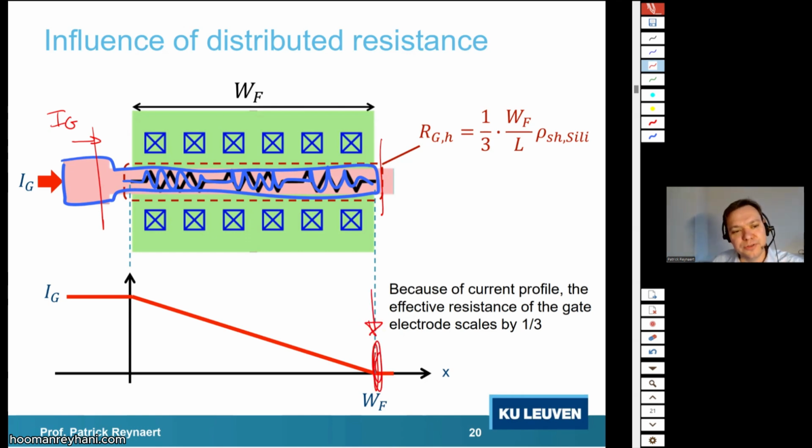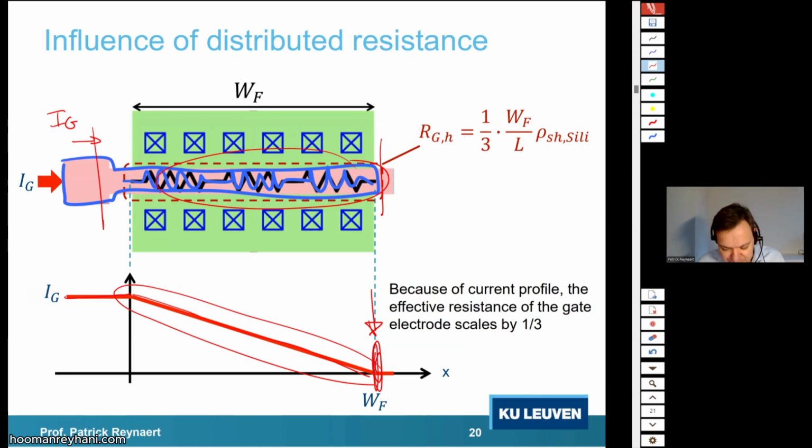There is no current flowing anymore. So that means that not all of these resistors have an equal contribution to the gate resistance because the current is not uniform. And the way to solve this would be based on transmission line theory. You can use transmission line theory to solve this equation. Basically, you have a triangle here, and then the center of gravity of a triangle has to do something with 1/3. And that's the reason why we see that 1/3 factor here in the equivalent effective gate resistance.